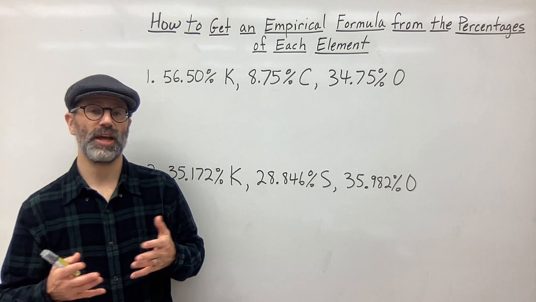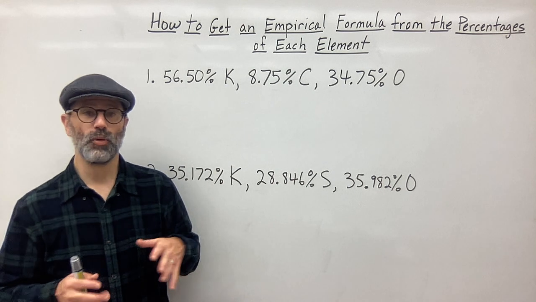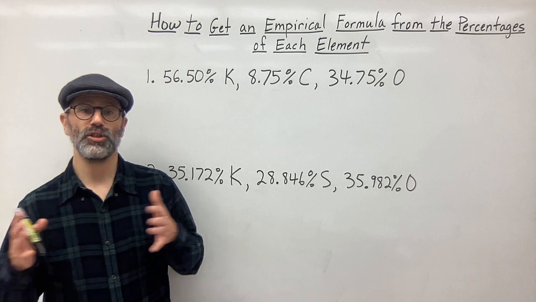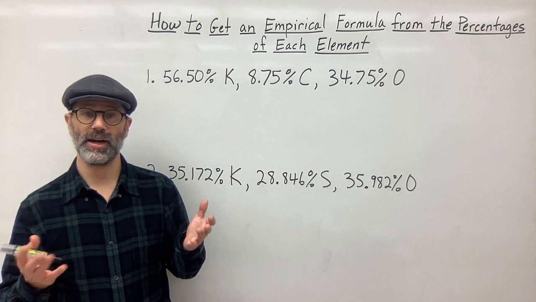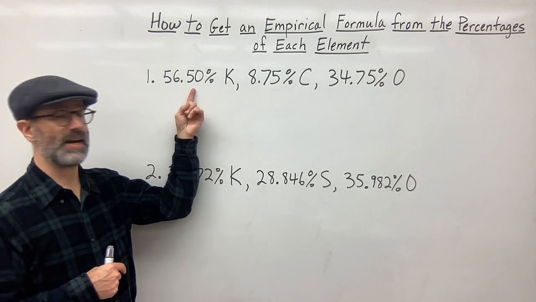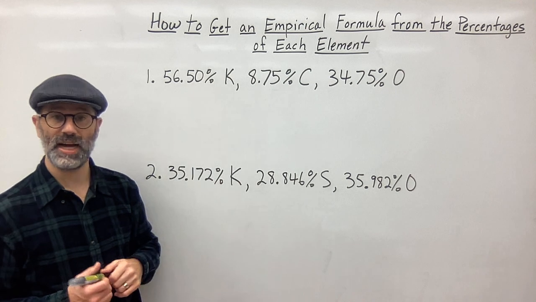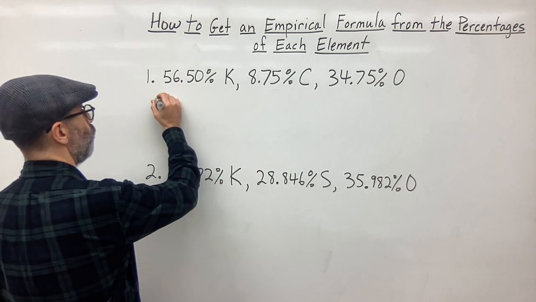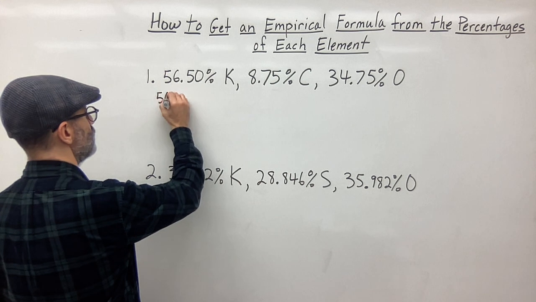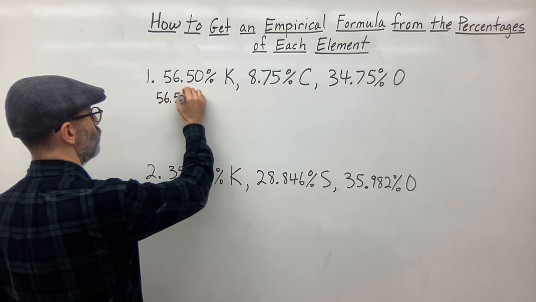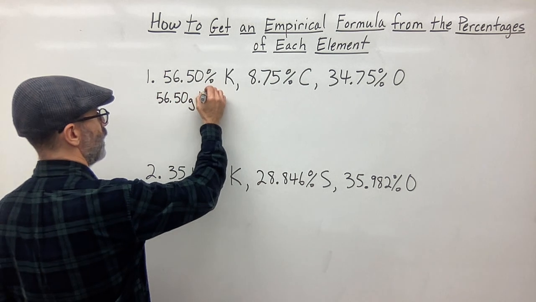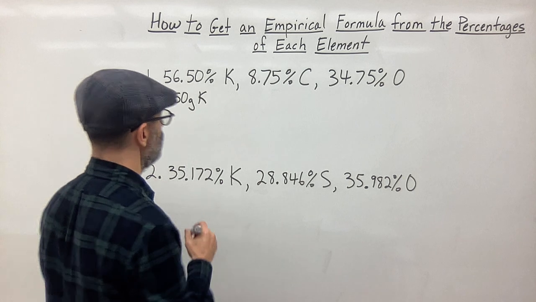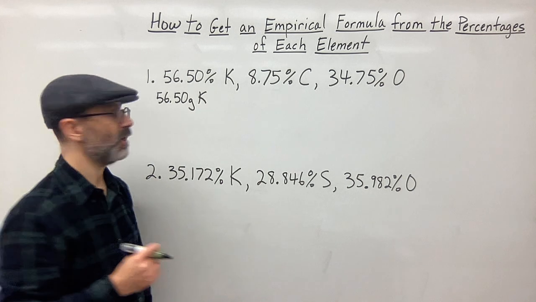Once we assume we have 100 grams of our substance, we can convert the percentages to grams, because out of 100 grams, 56.50 grams is going to be potassium. So I'm going to write it this way: 56.50 grams out of 100 grams of our substance is potassium.